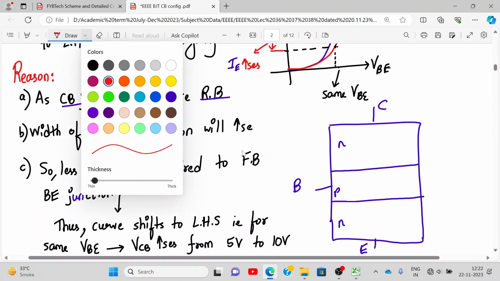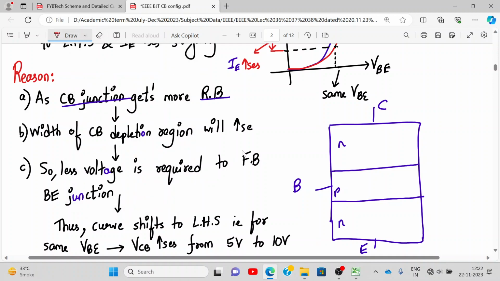What is the consequence of that? The consequence is an increase in the depletion layer over here, right? This depletion layer increases. Yes or no? So this is my depletion layer. It has increased, so the width of the depletion layer increases. That means this width is increasing. Yes or no? Okay, this is my depletion layer. And what is the name of this depletion layer? Collector-base depletion layer.